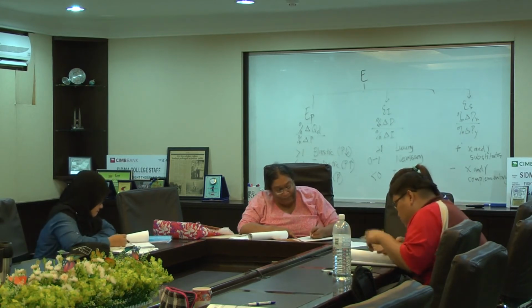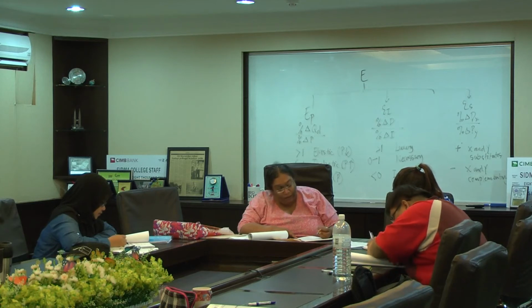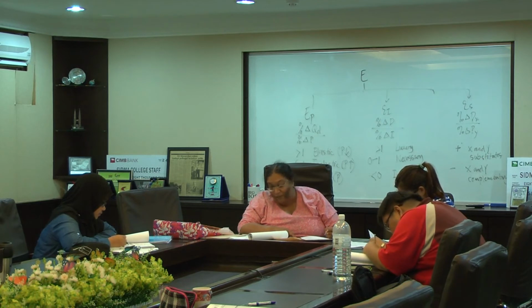How much was the excess demand? 60 units. When the price is 6, your demand is 70, your supply is 30. So you are still having an excess demand of 40.